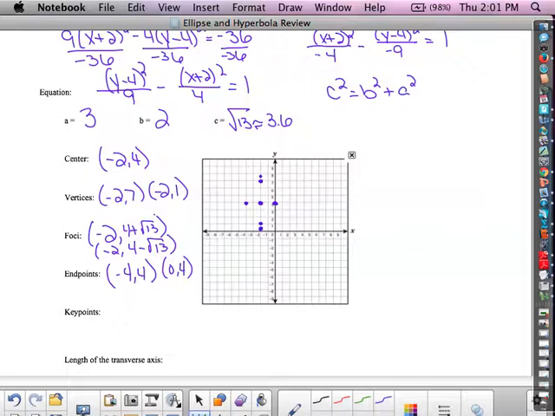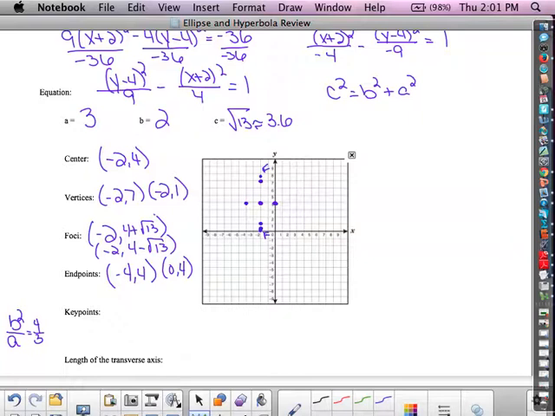Then to find my key points, I take b squared over a. So that's 4 over 3. So that's about 1 1/3. Now the key points shift left and right of the foci. Here's a foci, here's a foci here, and here is one here. And they're going to shift left and right.